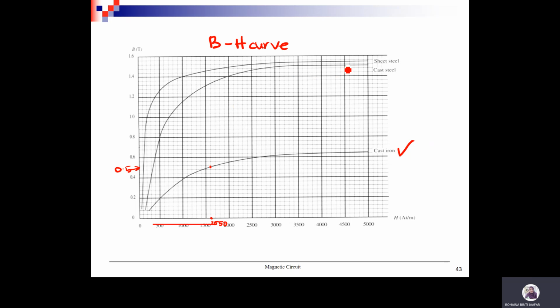We use cast steel. 0.64 here, 0.64, 0.64 here. You can use your ruler. Your H is around 410, maybe 400 or 410.